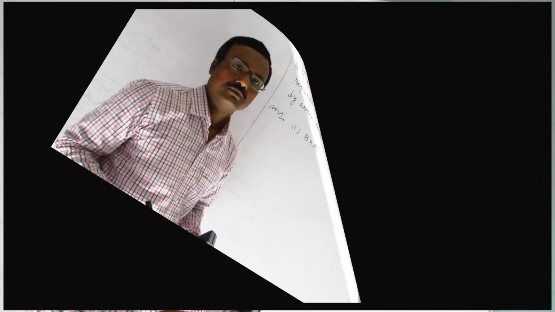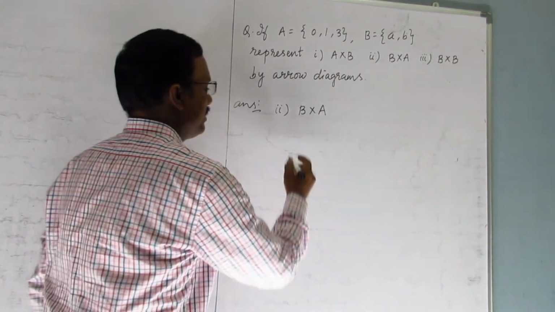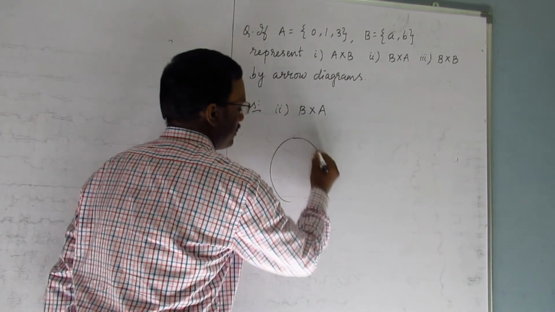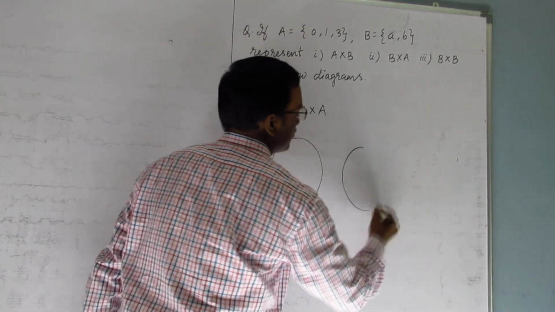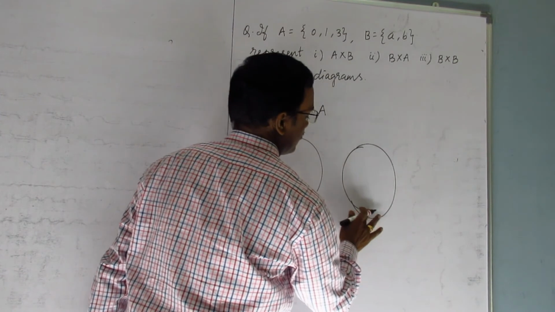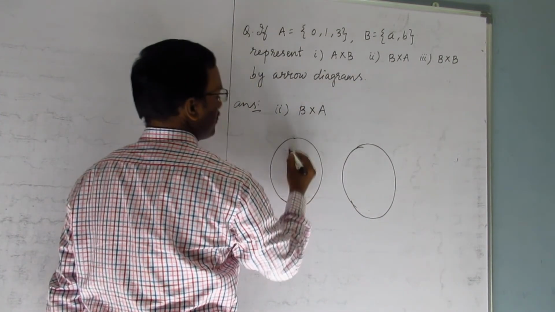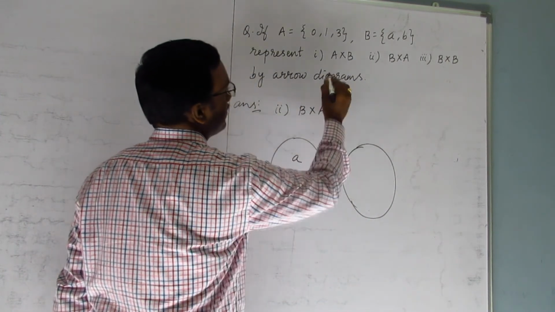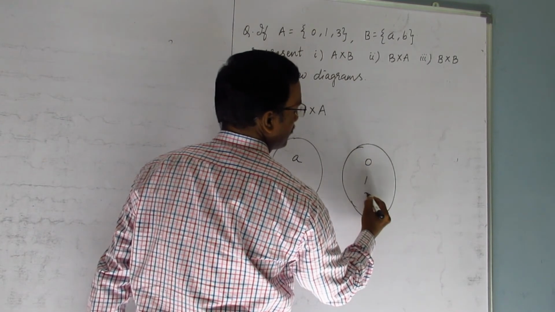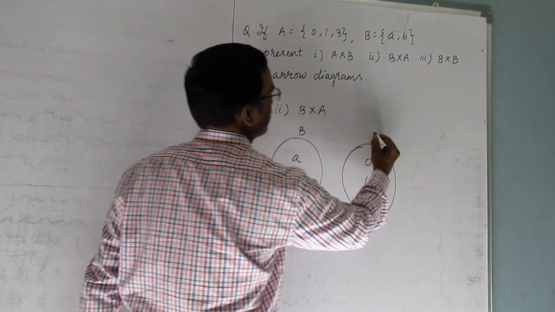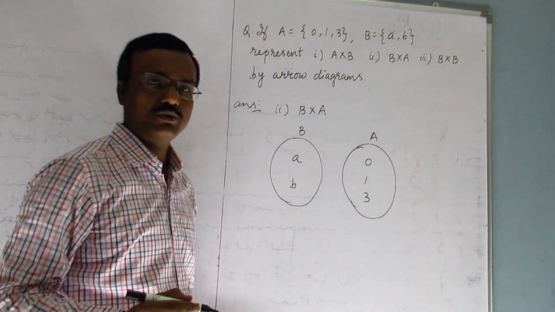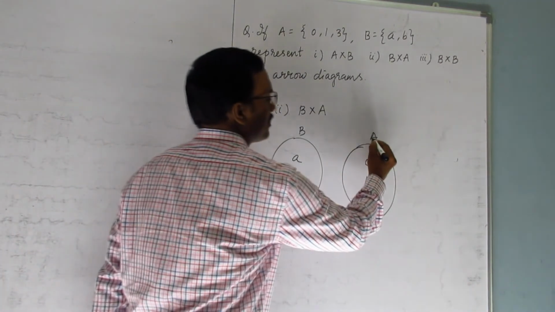That's all. For B cross A, we have to represent set B to the left hand side and set A to the right hand side. Set B contains elements a, b. Set A contains elements 0, 1, 3. This is B and this is A. Now show all possible arrow connections.